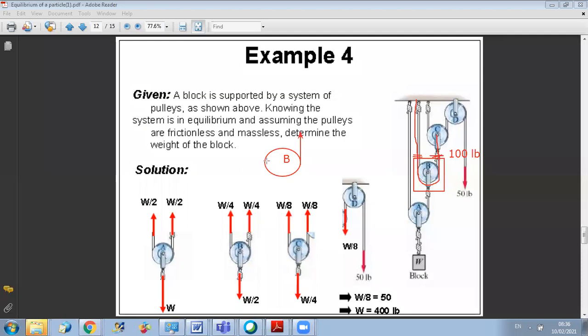Then I will be able to calculate the tension in the cable that is attached to the center of B. So if this is 100 and this is 100, of course the one downward will be 200.